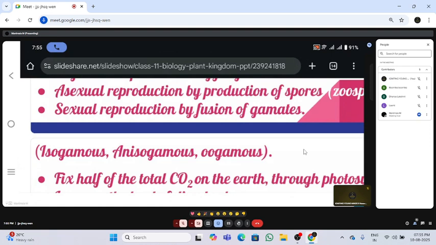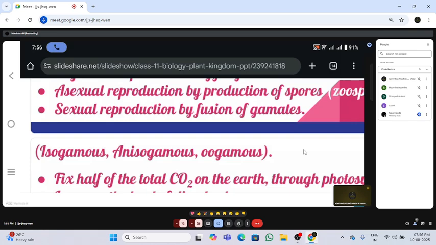Same, ma'am. So the fusion of morphologically and physiologically similar gametes is called isogamy. Please make a note: isogamy is the fusion of morphologically and physiologically similar gametes. The fusion of two similar gametes is called isogamy.